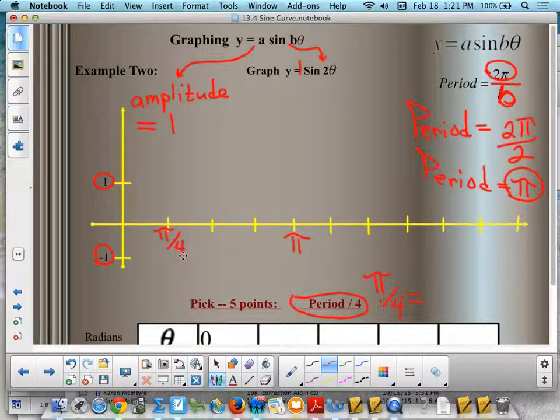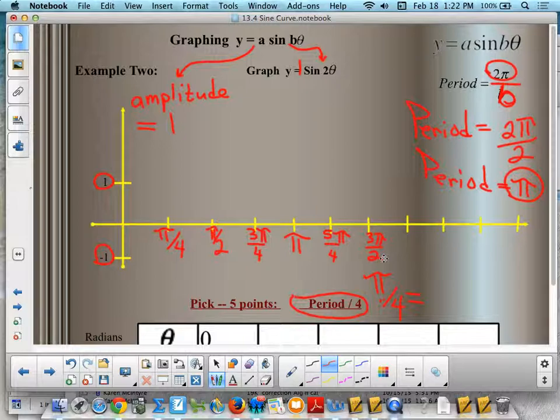So here's 1/4 pi. What's next? 2/4, which is 1/2 pi, says Selena. What's next? 3/4 pi. What's after 3/4 pi? 4/4 pi, which is pi. Then 5/4. Then 6/4, which is 3/2 pi.